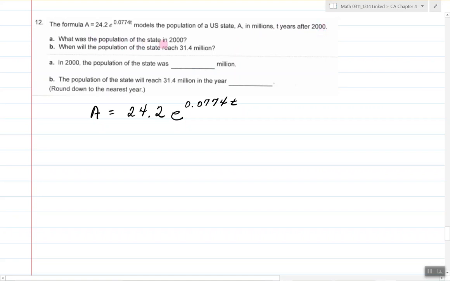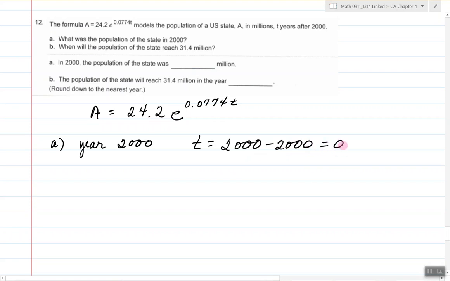What was the population of the state in the year 2000? So part A, if the year is 2000, then t is 2000 minus 2000, which is 0.